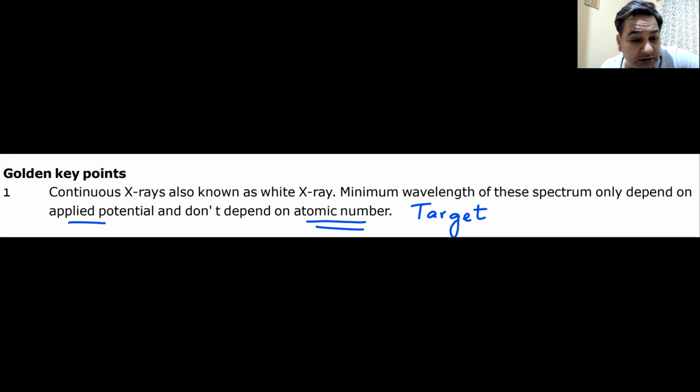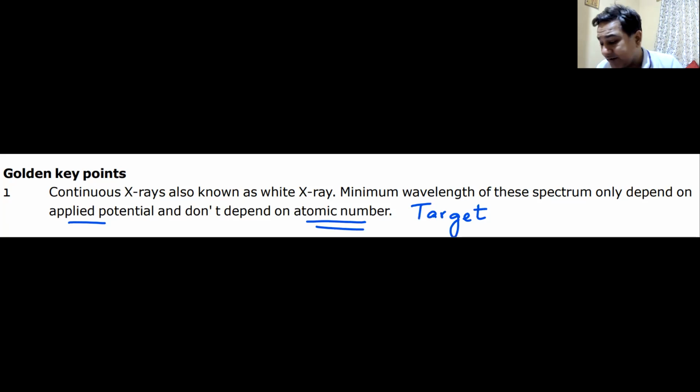Now that takes us to a point where a question should come to our minds. Sir, the target metal, there must be some X-ray that depends on that target metal. Otherwise, we can put any metal and we will get X-rays.